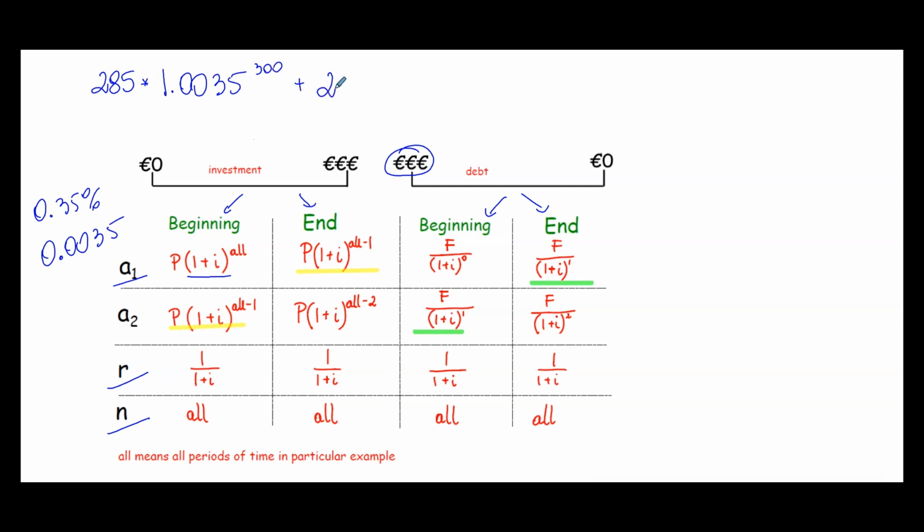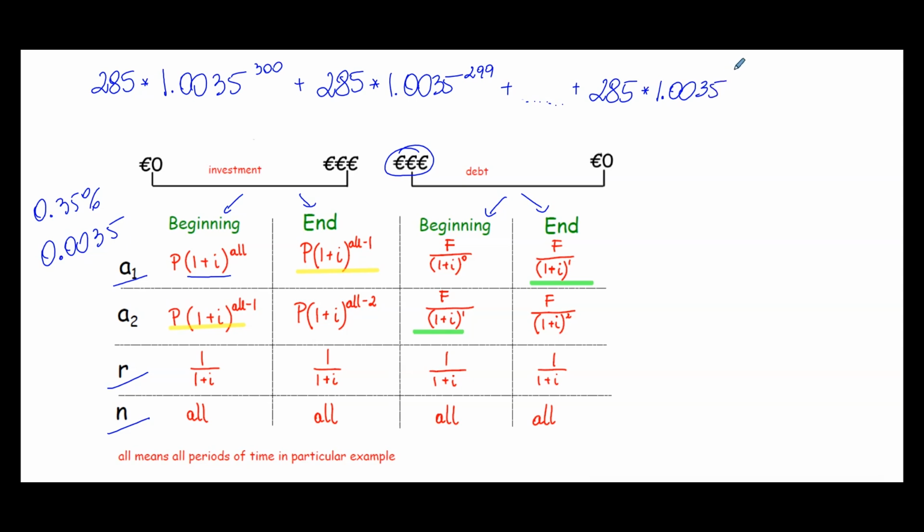And then the second term. Again, that money is going to incur interest for 1 month less. So therefore, the power here, as you can see, is all periods minus 1, 299, plus, and then all in between. And then we are getting to our last. So the one before the last, that's going to be there for 2 months, isn't it?